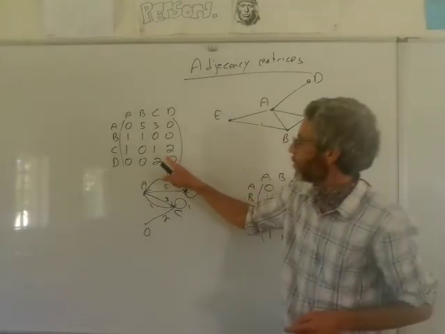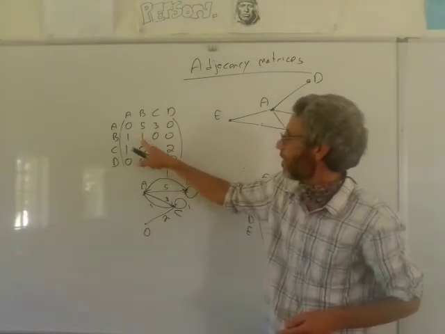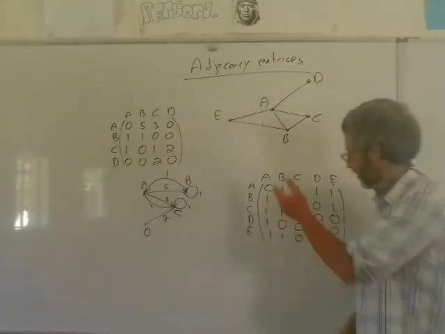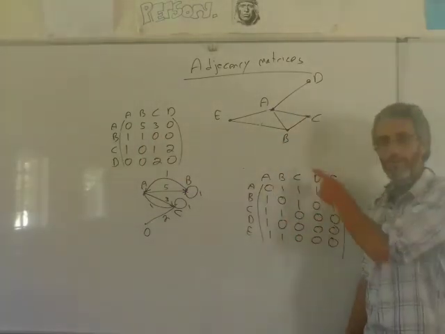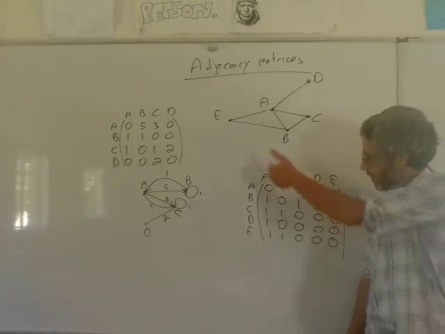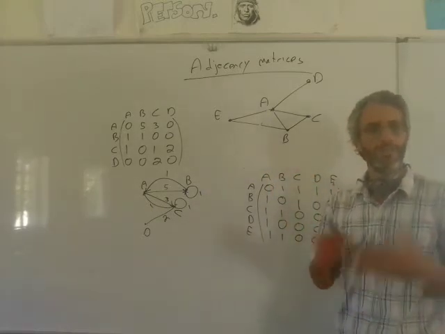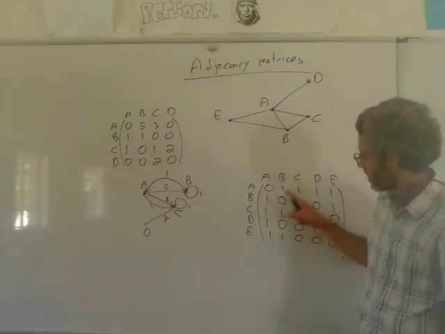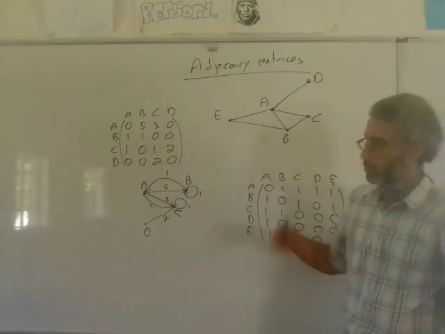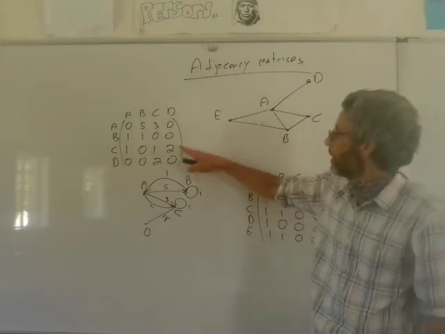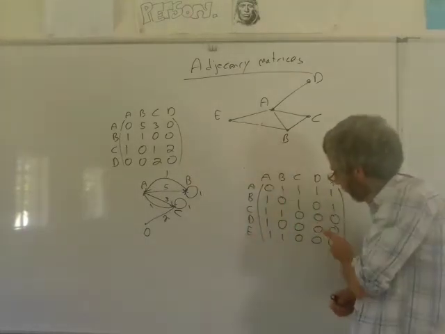You don't have loops. So that's how you can tell from a matrix if the associated graph has a loop or not. If this is all zeros, then there are no loops. If the diagonals are A to A, B to B, exactly. We will talk about diagonals when we get to matrices next year, not so much this year. So we don't have loops here.